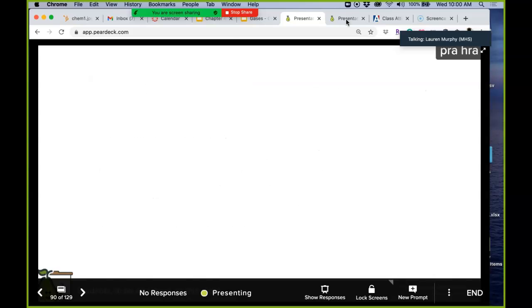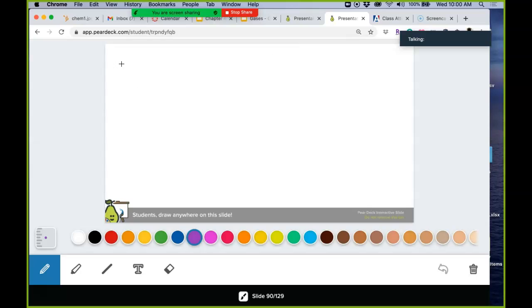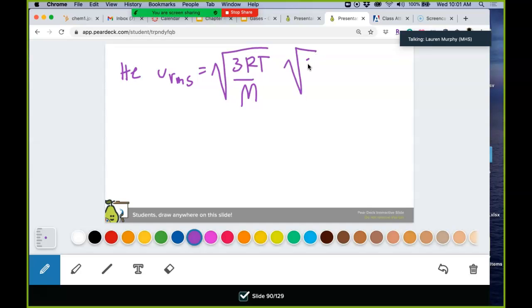So helium: speed, root mean square, equals the square root of 3RT over molar mass. So square root of 3. Now the R is the gas law constant, and then I'll write all those crazy units.